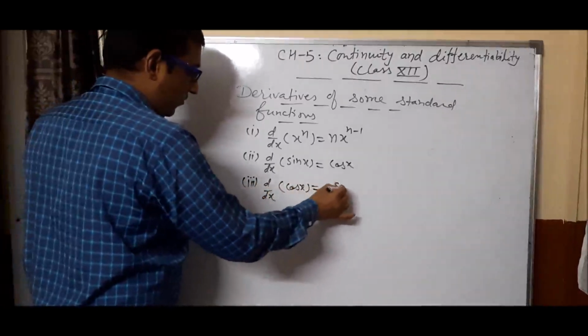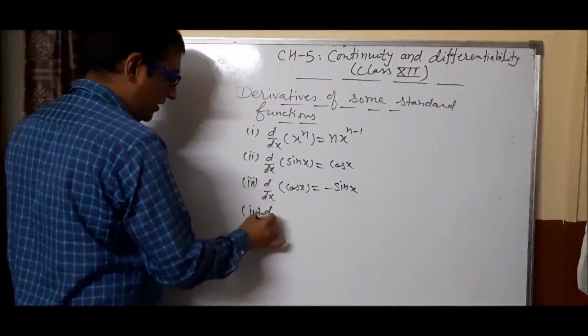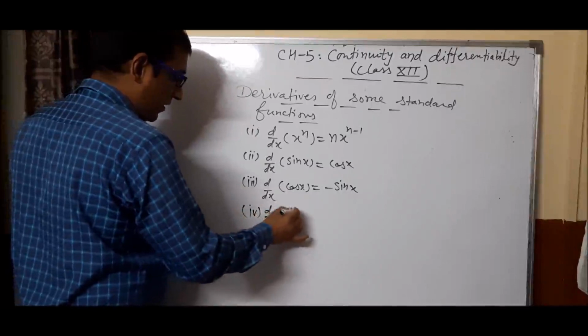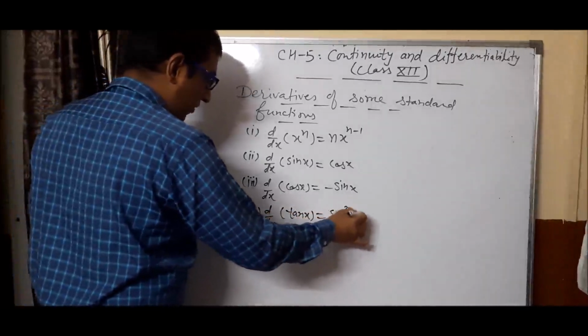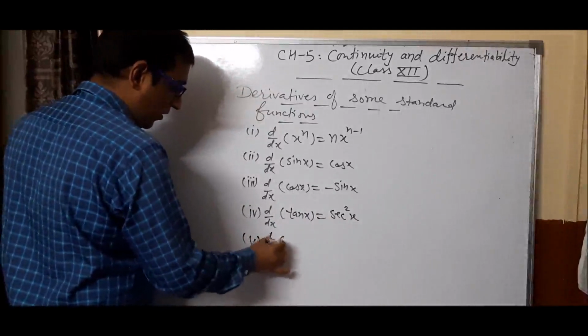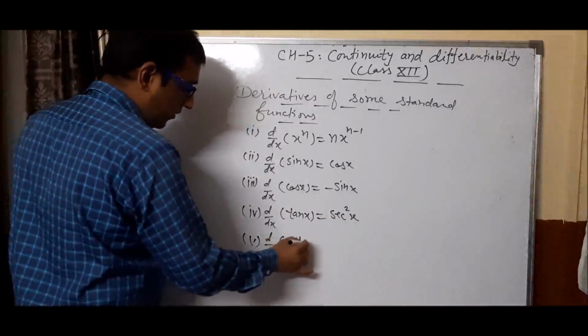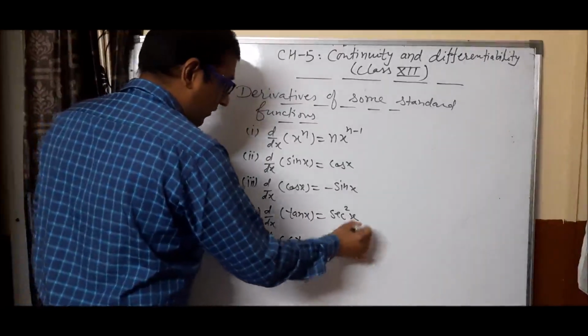This is equals to minus sin x. Fourth formula is d by dx of tan x. This is equals to sec square x. Fifth formula d by dx of cot x. This is equals to cosec square x.